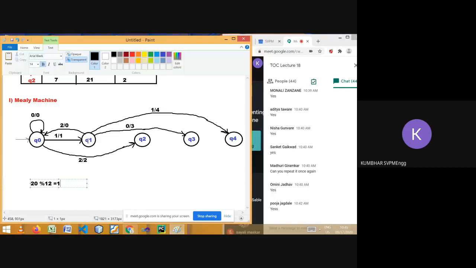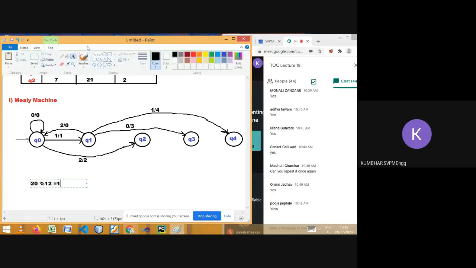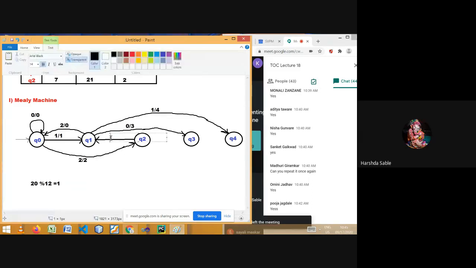So let me show that. From Q2 to Q1, this will be the transition. This transition is, input is 0, output is 1.